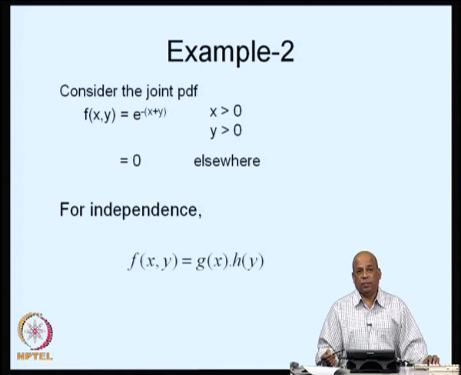Look at this example, f of x y is equal to e to the power minus (x plus y) for x and y both positive values. Now, we will check again the condition f of x y is equal to g of x into h of y.